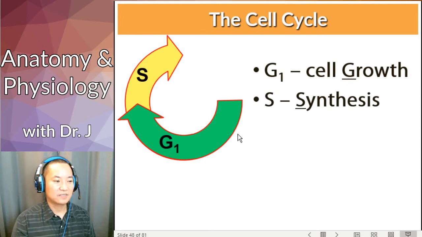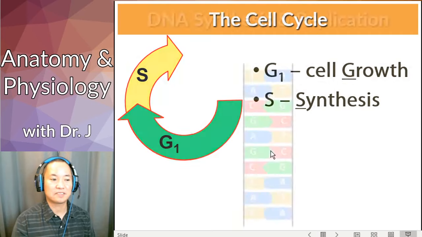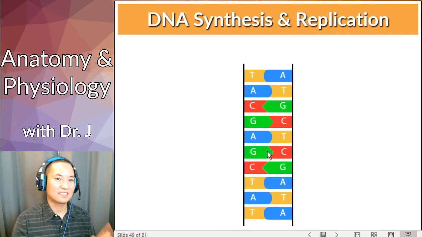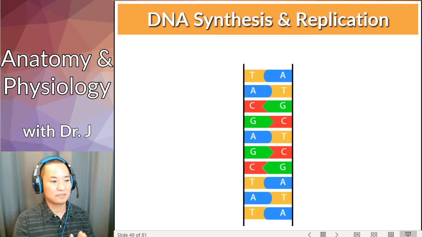And then S phase is very special, it synthesizes something. It's synthesizing proteins during this whole cell cycle, but it synthesizes something very special and important: DNA. This is the very important feature of S phase in a cell cycle. So what happens with DNA synthesis?